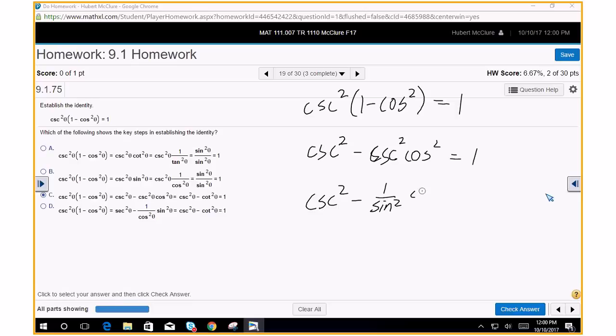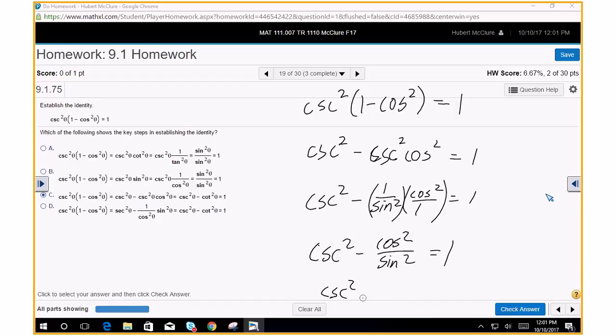Cosine squared over 1 like that, equals 1, and then cosecant squared minus, well, this 1 over the sine squared, that's cosine squared over sine squared, and what's cosine over sine squared? Cotangent squared. There. I can do it a whole lot better that way than looking at all that. So it should be C.